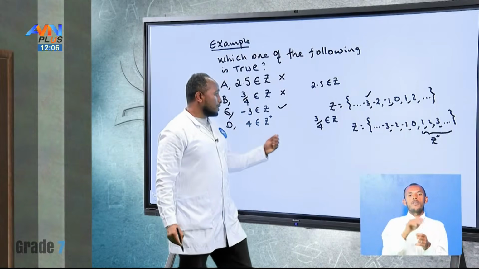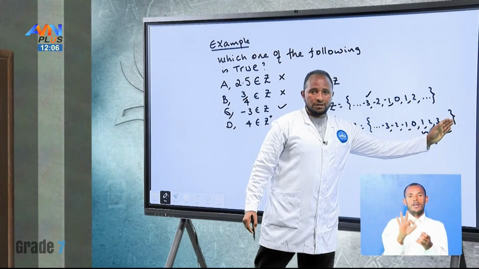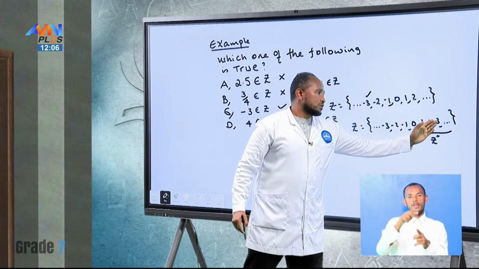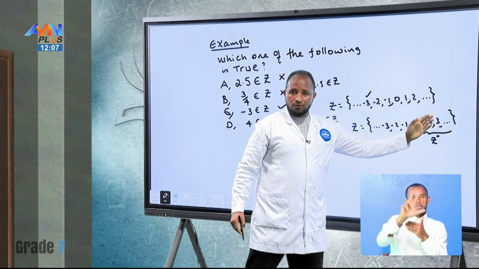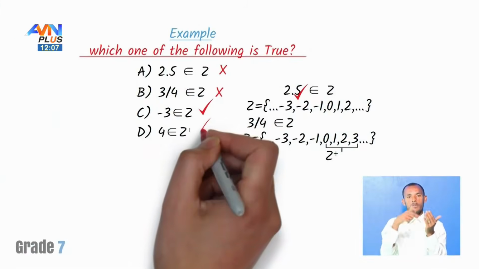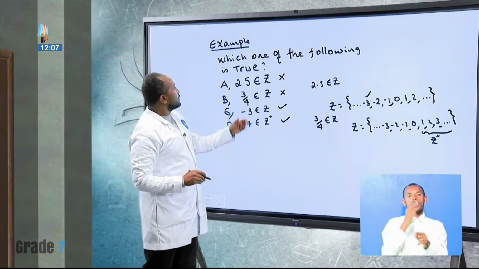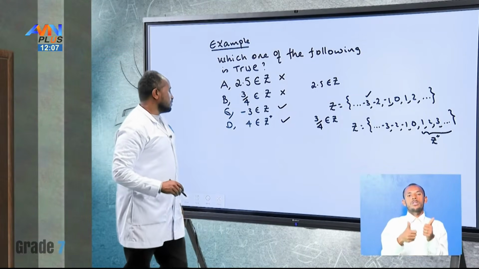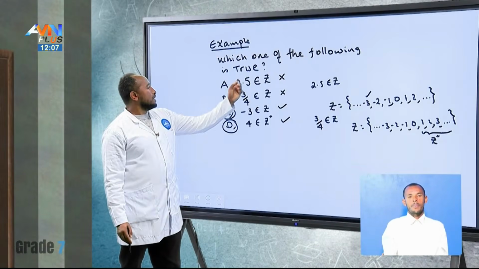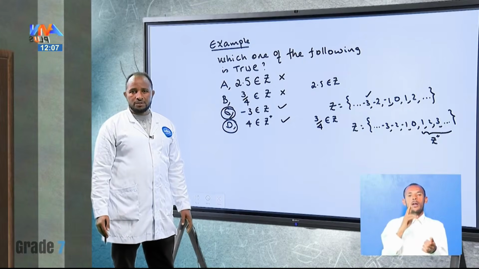Is 4 in the set of positive integers? Yes. Next to 3 we have 4, 5, and so on. So 4 is in the set of positive integers. Therefore, this statement is correct. Which of the following statements are true? C and D are true statements, while A and B are wrong statements.